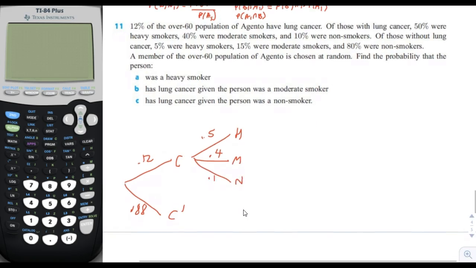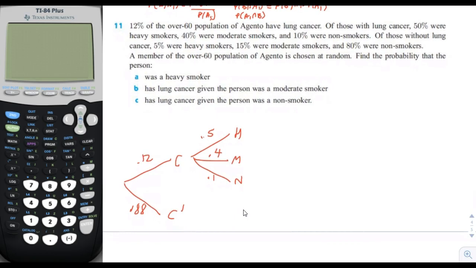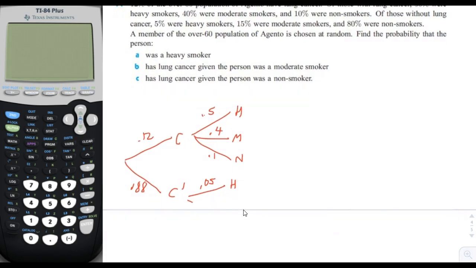And of those without lung cancer, 5% were heavy smokers, and 15% were moderate, and 80% were non-smokers. Okay. And let's multiply these out.